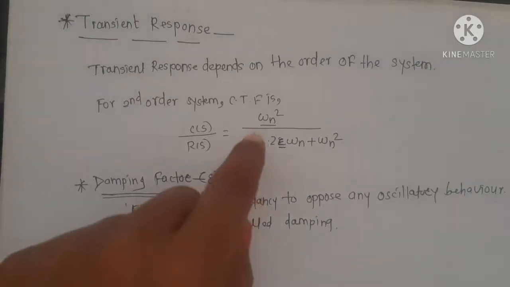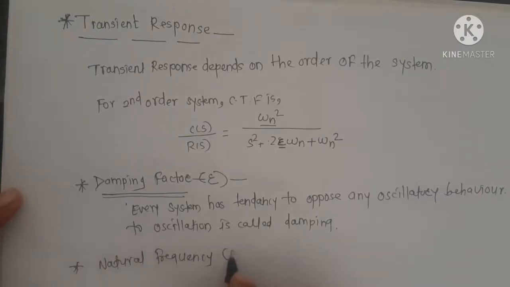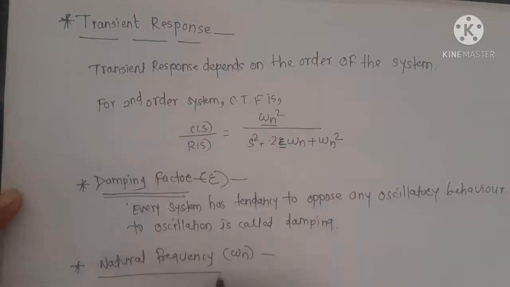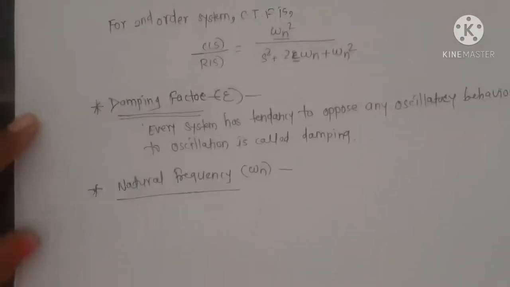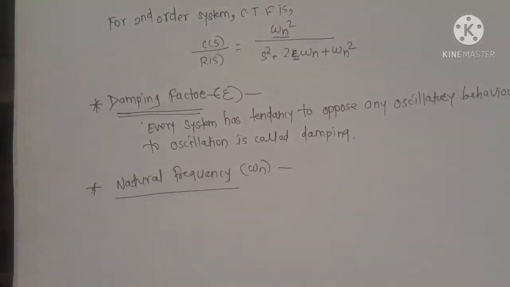Now the next important term is omega n. It is called as a natural frequency. So which frequency is called as a natural frequency? When this eta is 0. The meaning of eta is 0 means there is no opposition to oscillation.